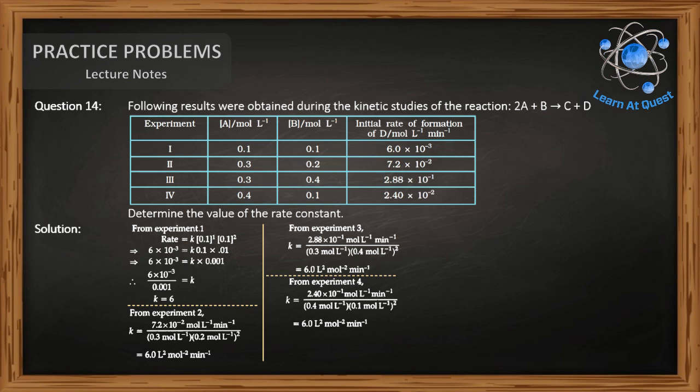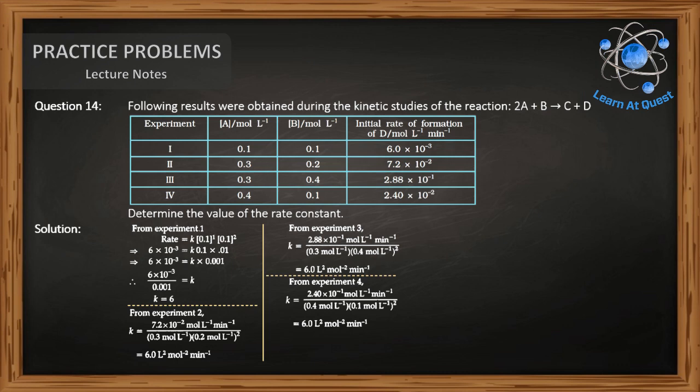Let us solve using the values given in experiment 1. In experiment 1, using the rate law of mass action, we can state that the rate of the reaction is K, A raised to x, B raised to y. We found the value of x is 1 and the value of y is 2 in the previous slide.